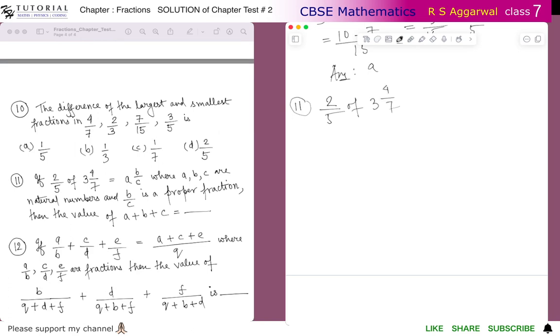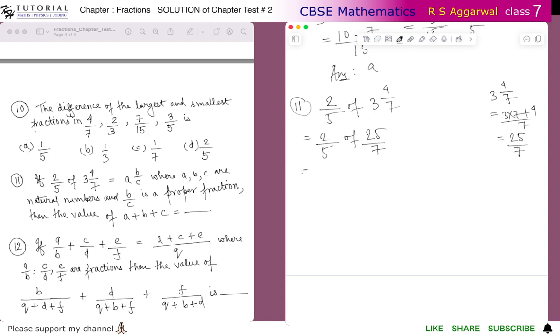What is this? So this is 2 by 5th of, where "of" is an operator. First we have to convert the mixed fraction to an improper fraction. I hope you can convert mixed fractions: 3 upon 4 by 7 equals 3 into 7 plus 4 by 7, which is 25 by 7.